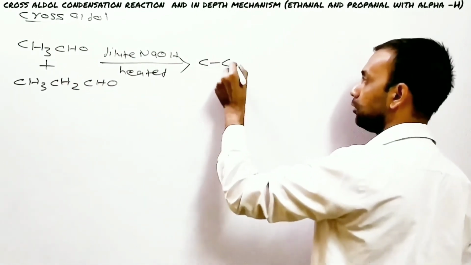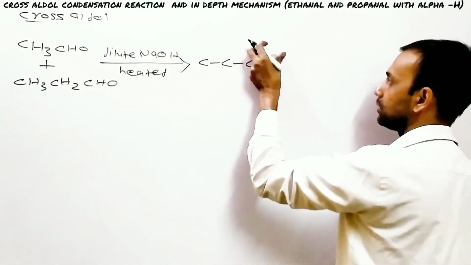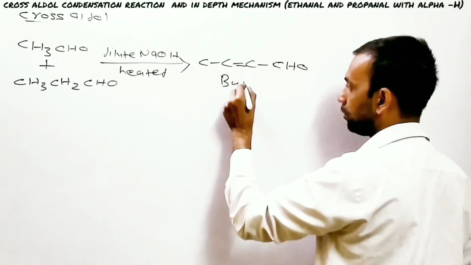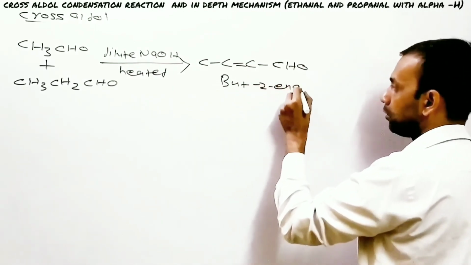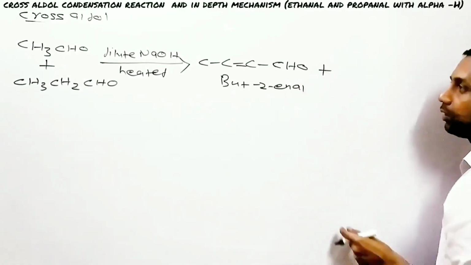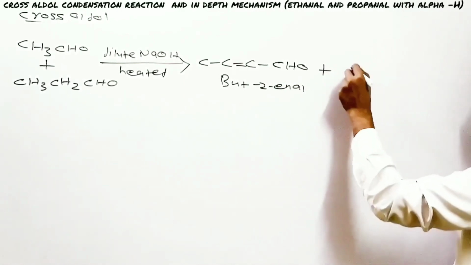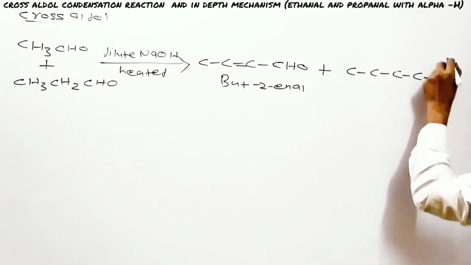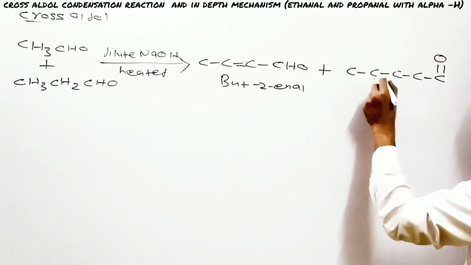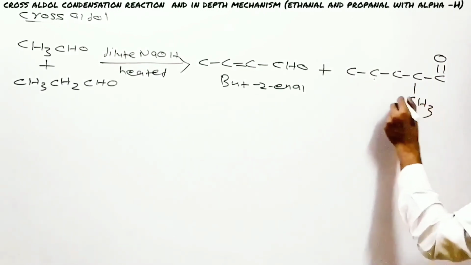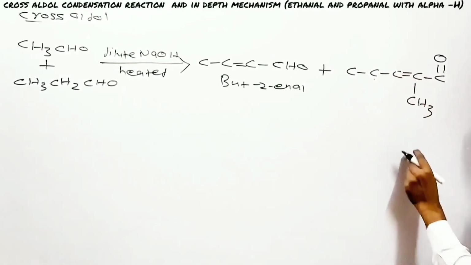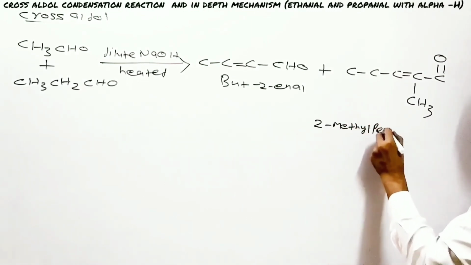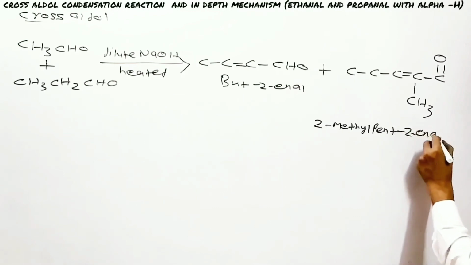So this is going to be, let me write straight, your butanol. Another product is going to be propanol plus propanol, where this is going to be 1, 2, 3, 4, 5, and this right here is 2-methyl pent 2-enol.